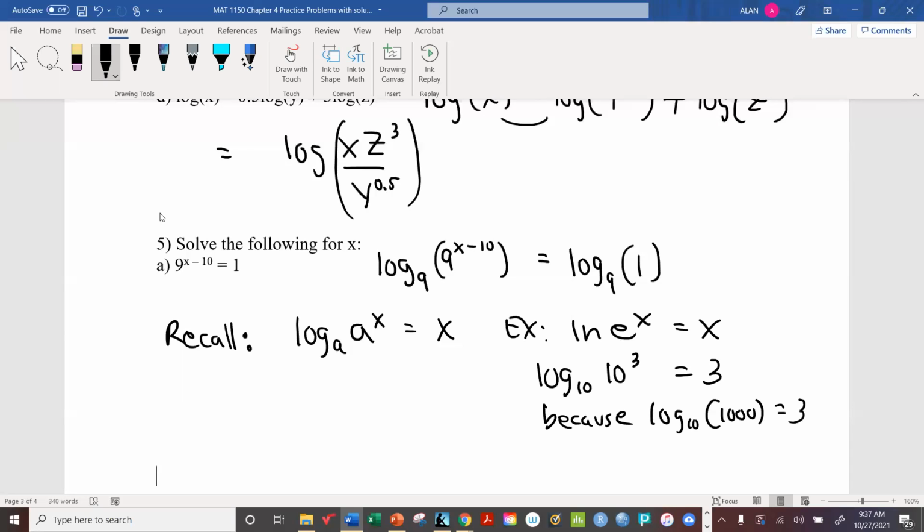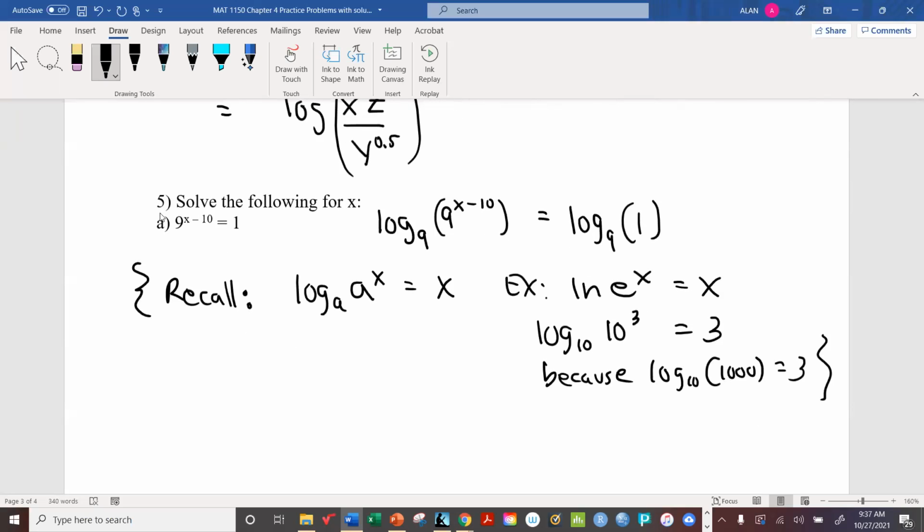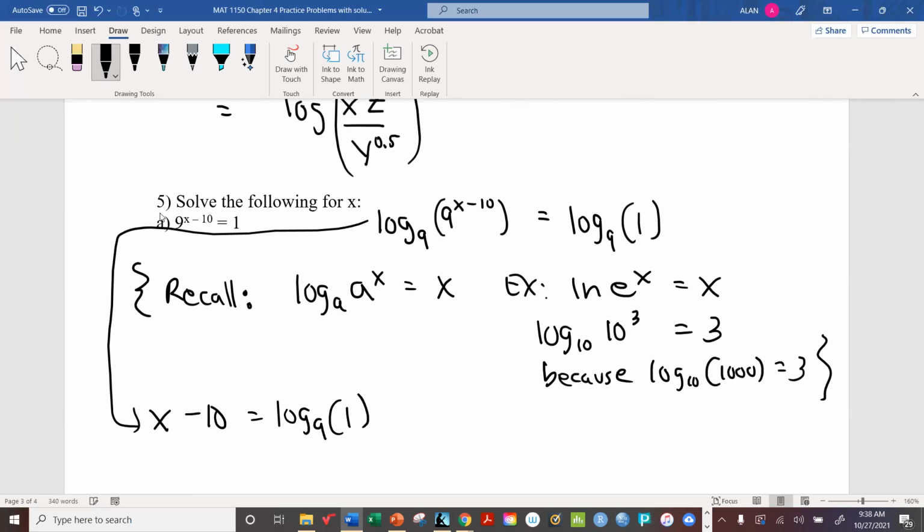So by taking the log base 9 of both sides, what I can do is simplify the expression on the left to x minus 10. On the right-hand side, I have the log base 9 of 1. But this happens to be a very simple case.